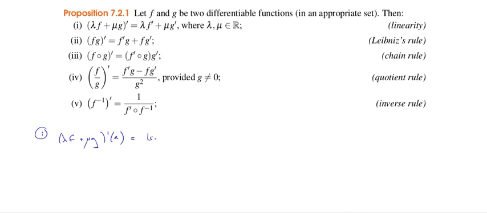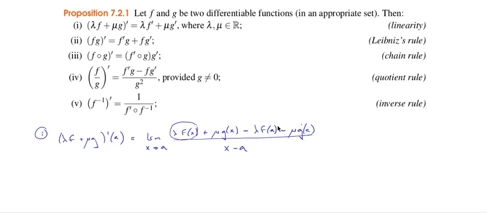Applying the definition, this is the limit when x goes to a of lambda f(x) plus mu g(x) minus lambda f(a) minus mu g(a), all of this divided by x minus a. But then it's easy to see that you can separate the parts related to f and the parts related to g, right?